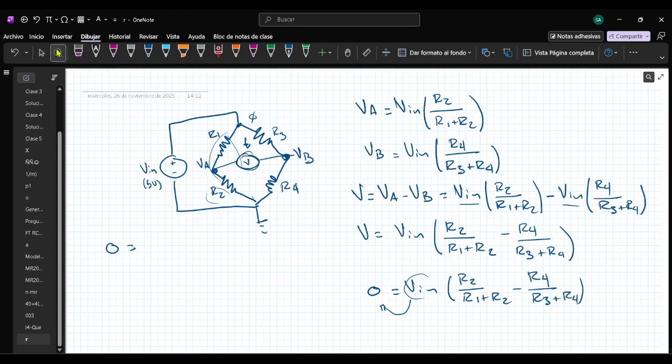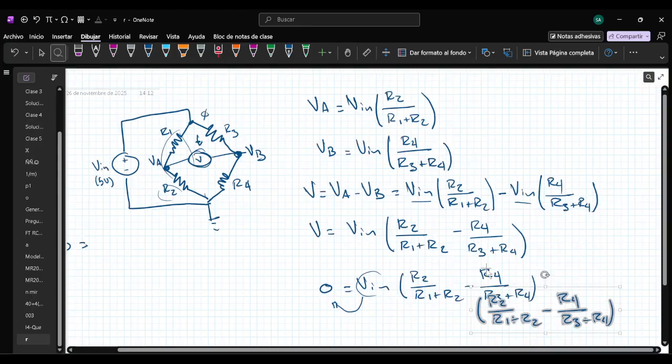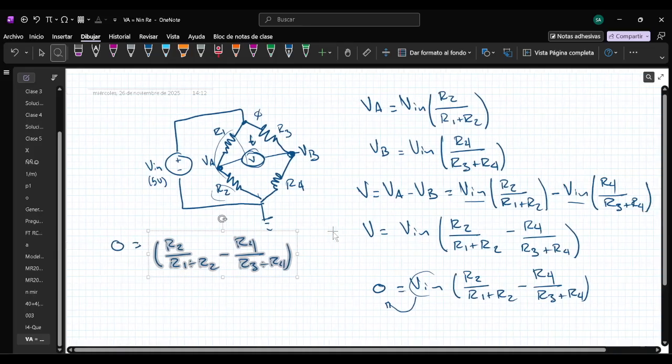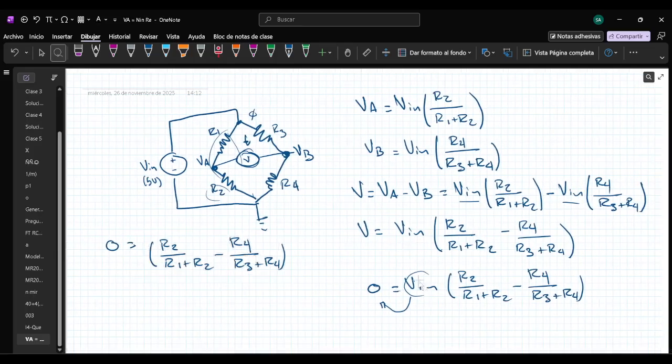Let me just copy it so I don't need to write it. Okay, 0 will be equal to this thing, because I passed the input voltage dividing. Now I can pass this to the other side. So R4 over R3 plus R4 equals R2 over R1 plus R2.